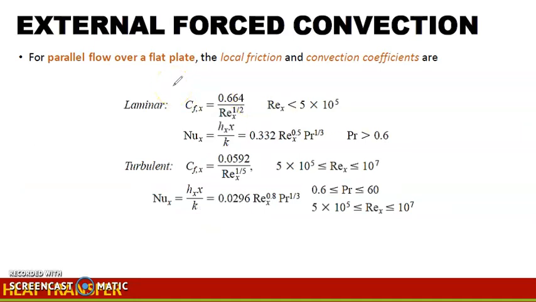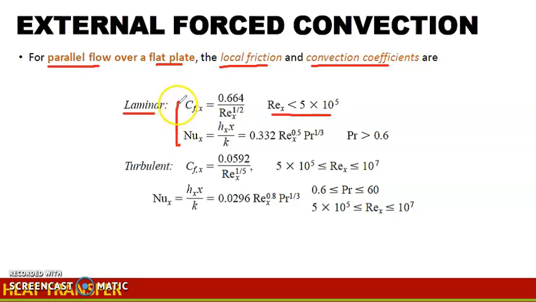In finding the value of the local friction and convection coefficients for parallel flow over a flat plate, for laminar flow, if Re is less than 5 times 10 to the power of 5, we will use these two equations.